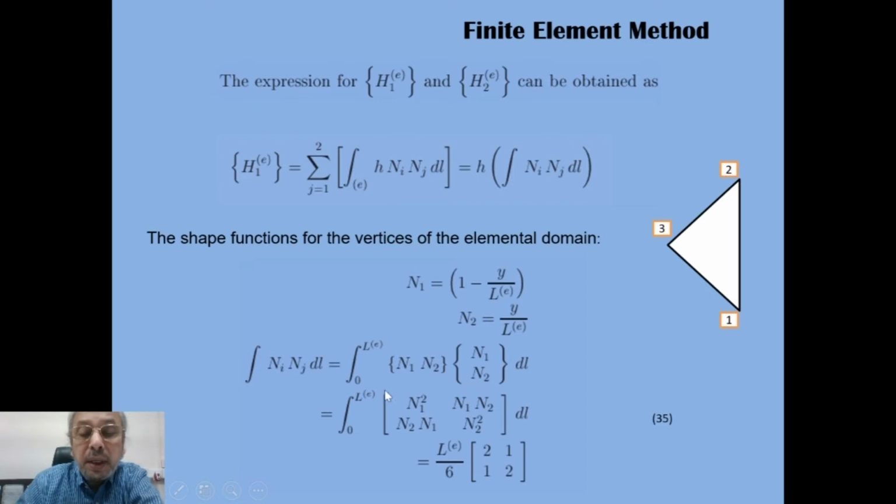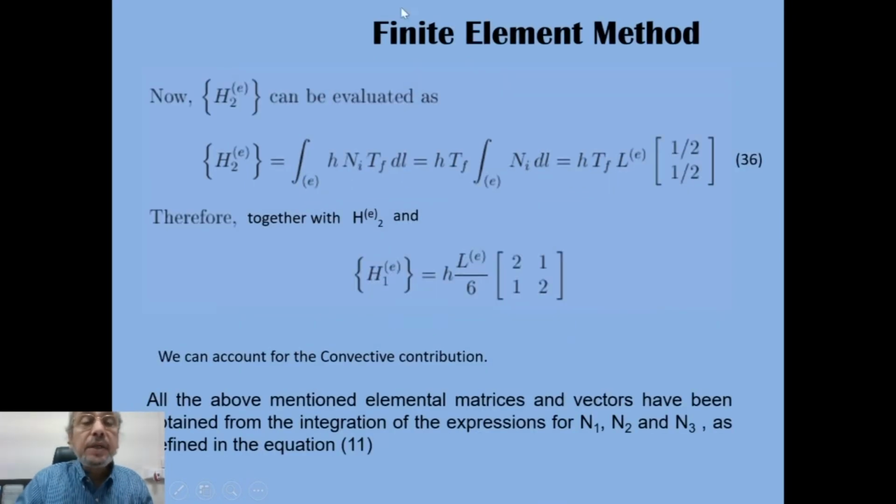And from here, after evaluating, we get L by 6, and these shape factors finally contribute into this matrix 2, 1, 1, 2. So this is basically the evaluation of H1e, and then we'll also find out H2e.